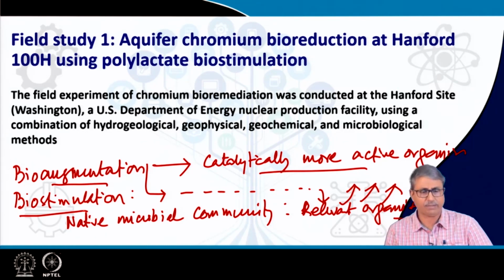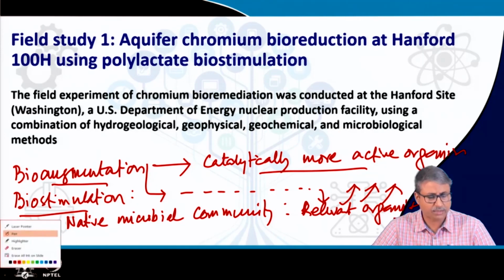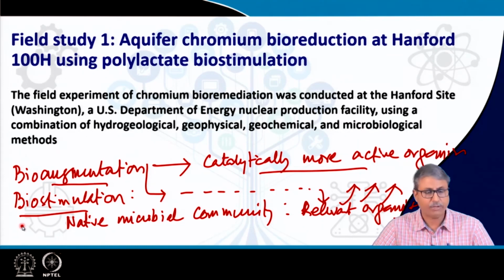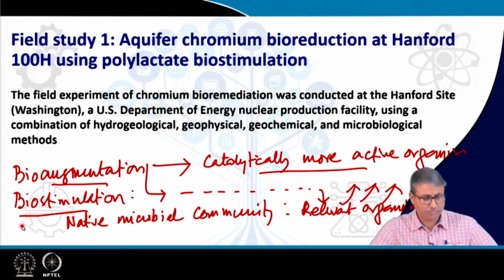As I mentioned earlier, during these field experiments, which were done under the United States Department of Energy bioremediation program, a number of radionuclide, metal and metalloid contaminated sites were located in the US.